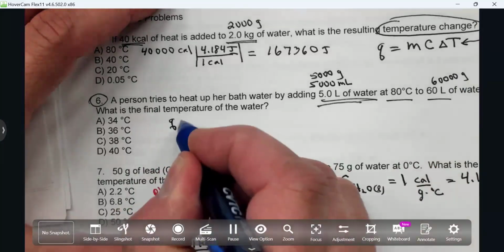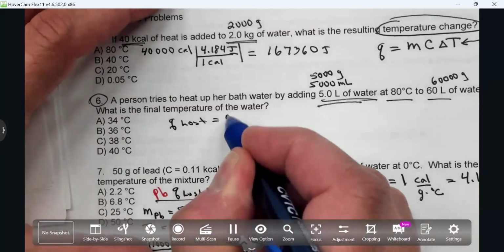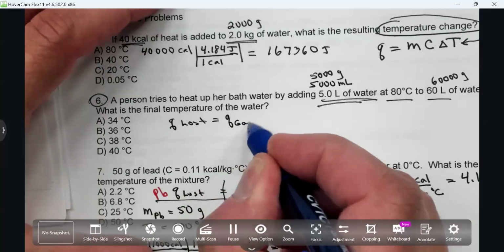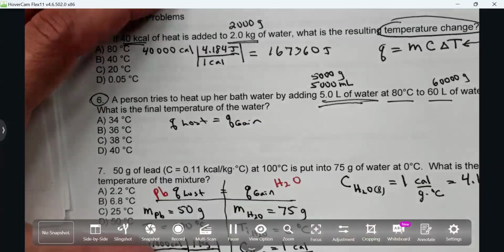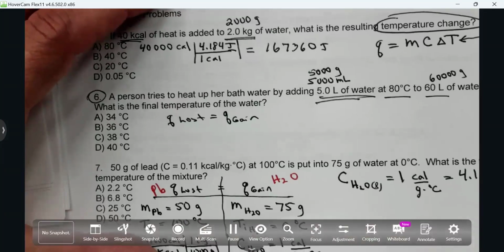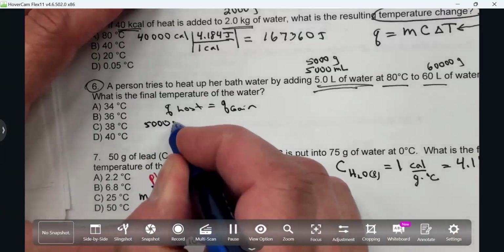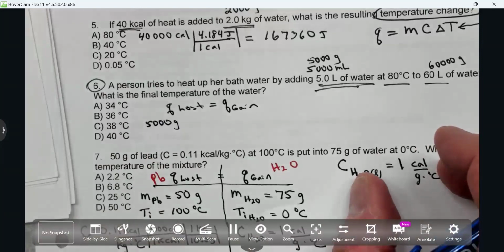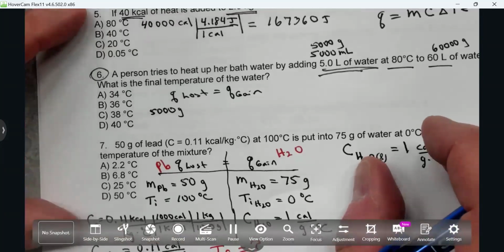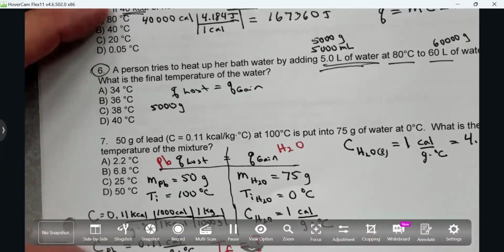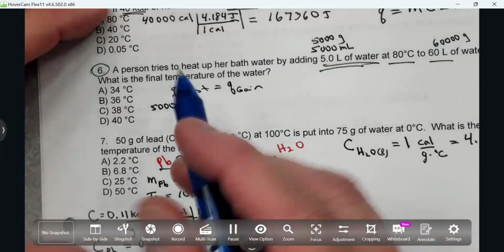So we'll do Q lost, Q gain, of course. And what's going to lose heat, of course, is the 80-degree water. So that's going to be 5,000 grams. Now, the specific heat of water isn't going to matter. It's going to cancel out.